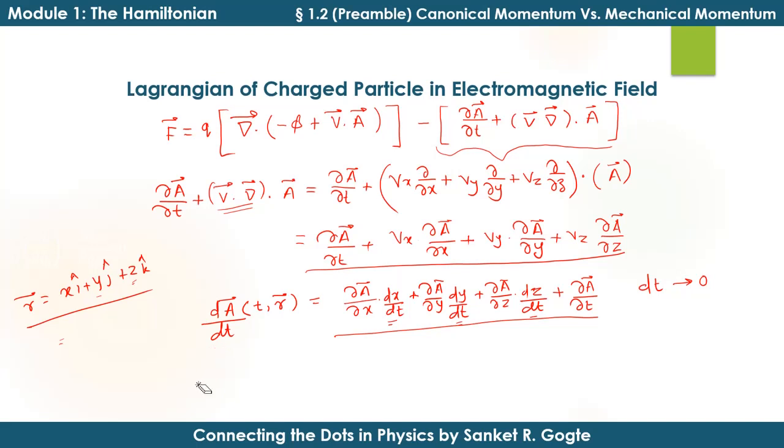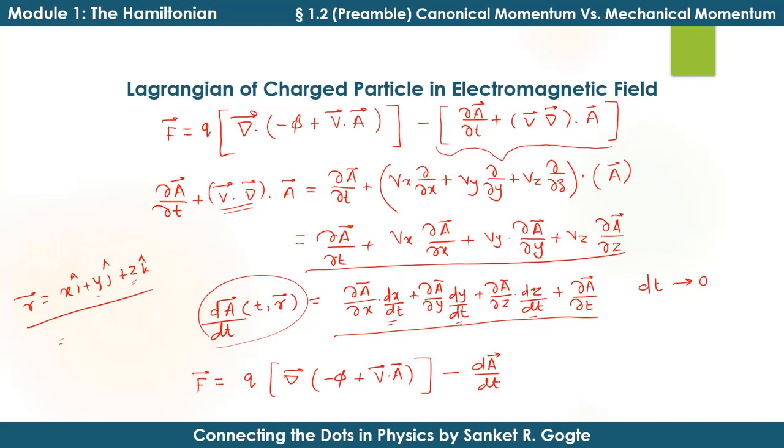So the force in the end is equal to q into del of minus phi plus v dot A, minus this whole term, I can write it as dA/dt, the ordinary differentiation of A with respect to time.